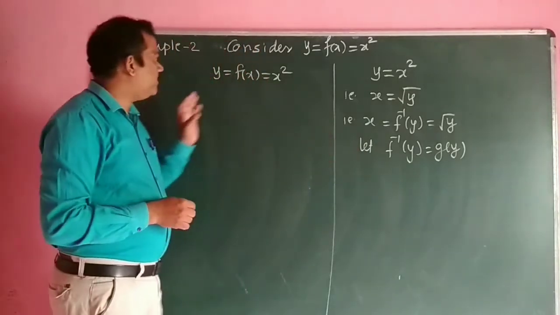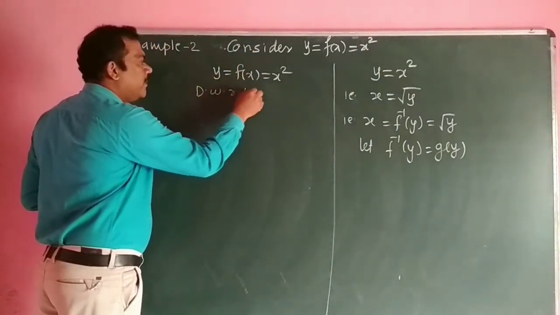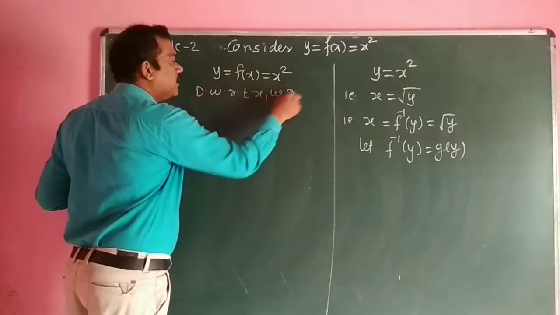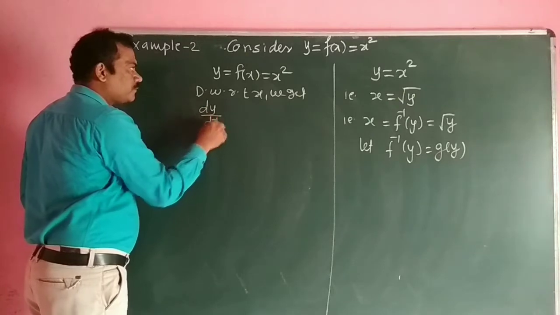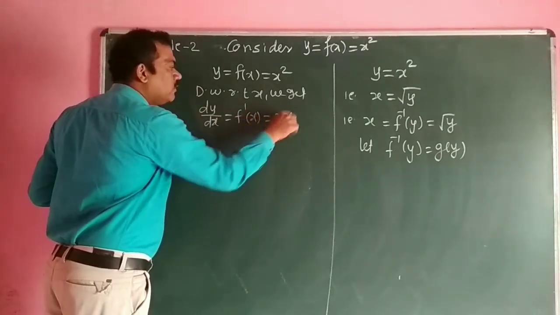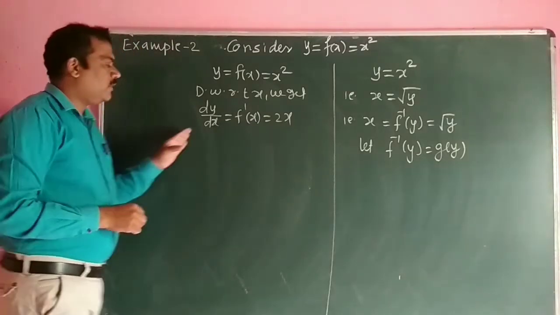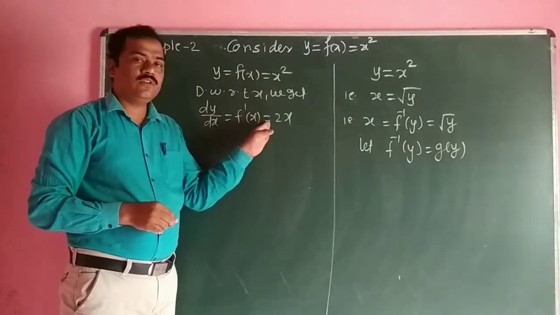Now if we differentiate this with respect to x, we get dy/dx = f'(x) = 2x.